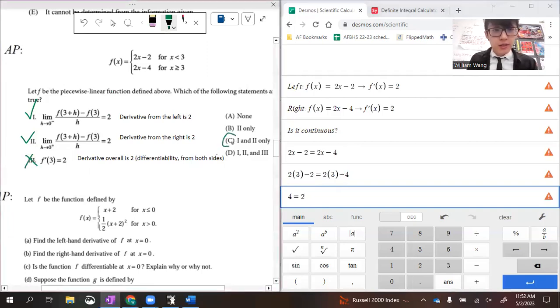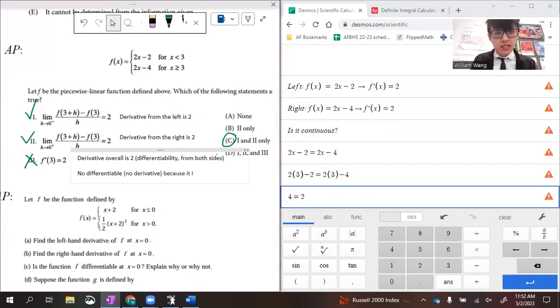So my answer choice is actually C. Actually, check your papers for this one, because I may have made a mistake in grading this problem. Instead of 1, 2, and 3, it is just 1 and 2 because not differentiable means there's no derivative because it is not continuous. Right? Hopefully that makes sense. All right. Cool.